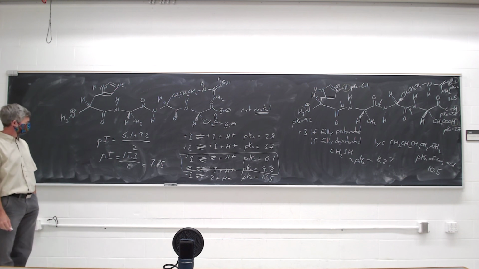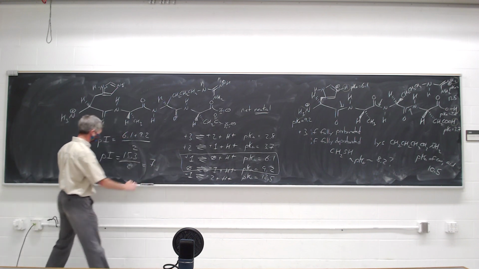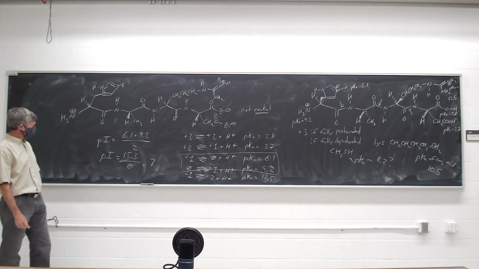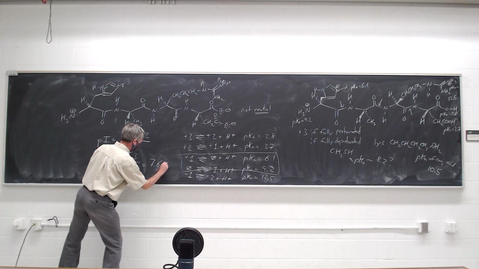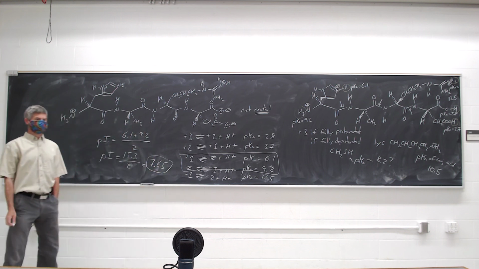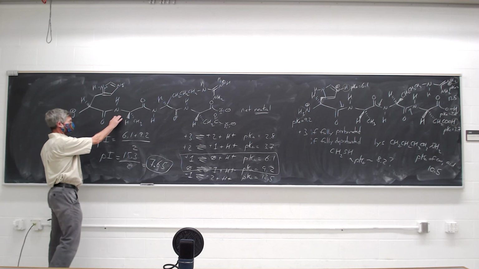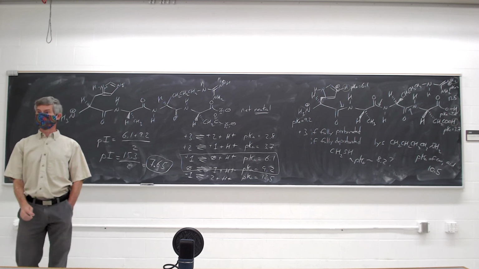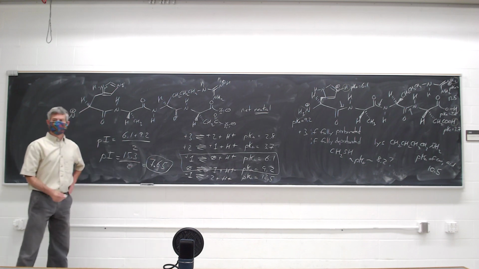No. That's 15.3 over 2. 7.65? I think that's right. So it's a little above physiological, but not much. Which makes sense because at physiological pH, we've determined that mostly it's going to be the neutral species. So it makes sense that the pI would be somewhere near physiological pH.